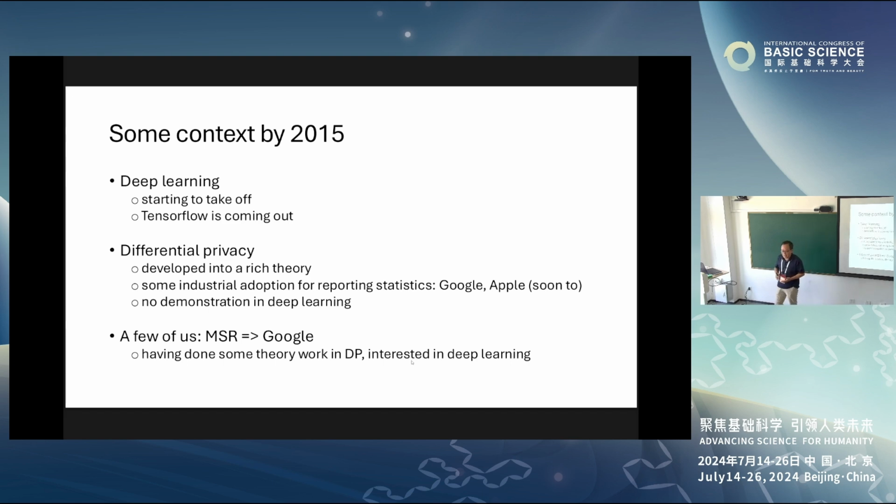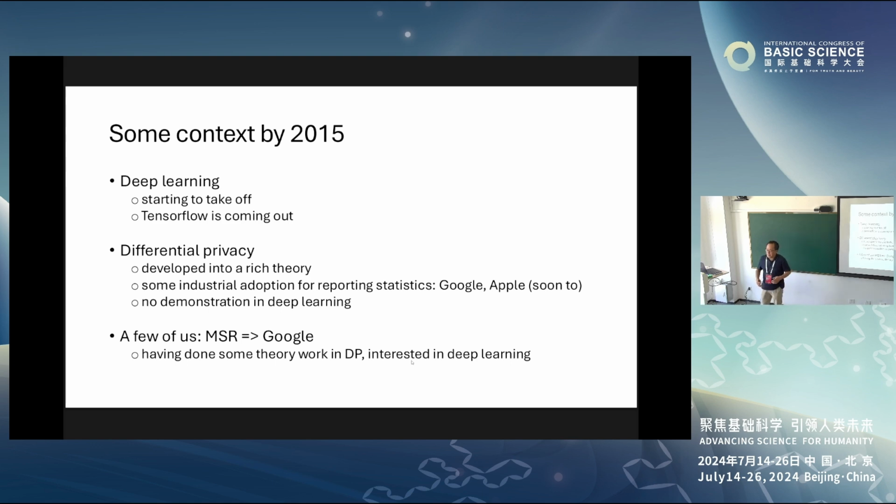By that time, maybe Google was the only one using it inside their product, to report which sites you have been to, this kind of quite private statistics. Apple would soon do that with the iPhone, iOS, but not yet. And there was no demonstration in deep learning.